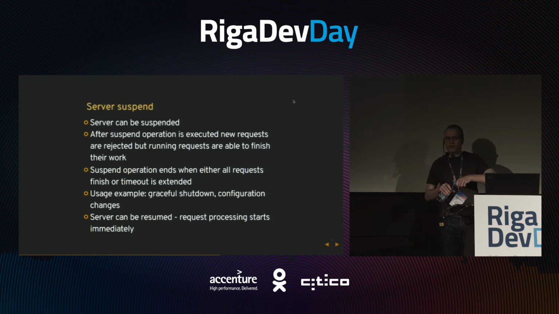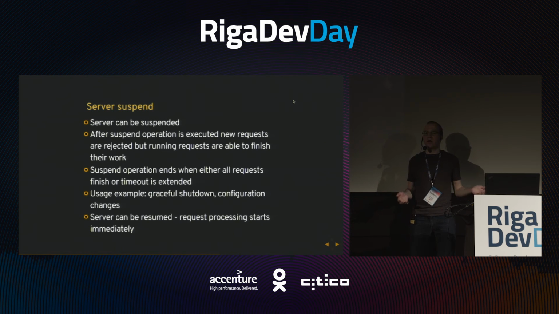So when the server is running and someone performs the suspend operation, the server immediately stops accepting new requests, but it has to let the requests that were already accepted before finish. So when the server is in running state, we are performing suspend operation.